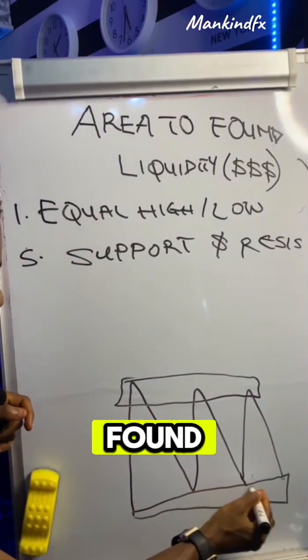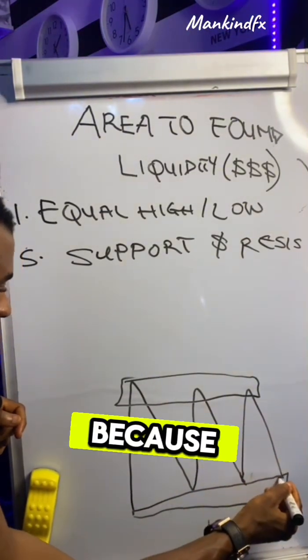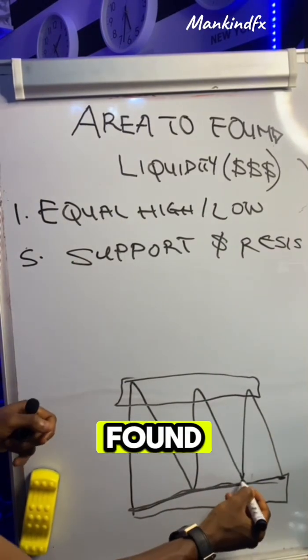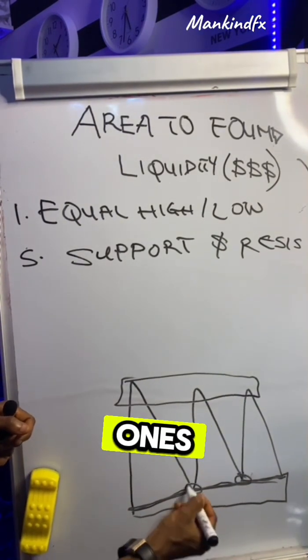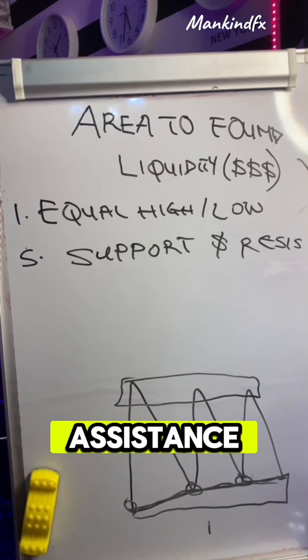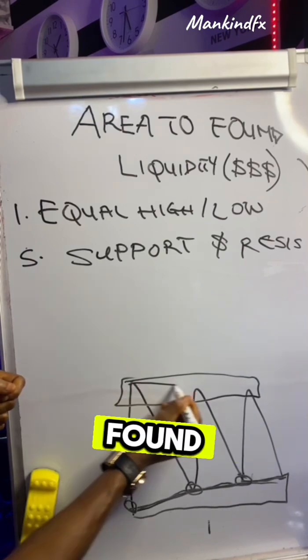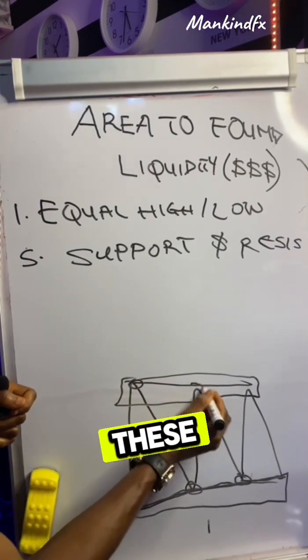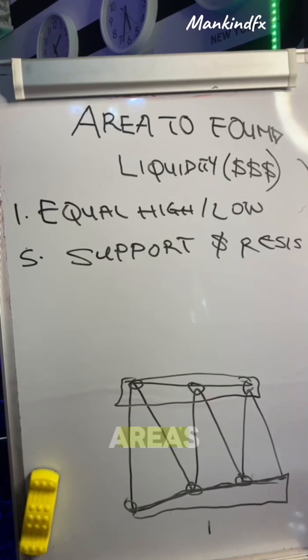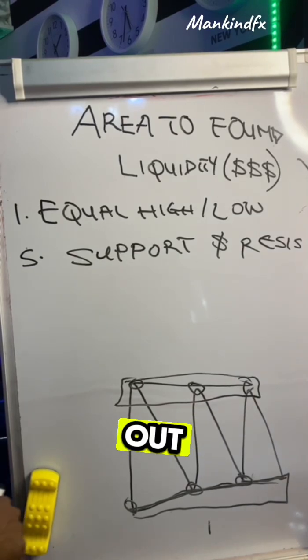Liquidity can be found in those zones because they are equal here. These zones are your areas of liquidity, and the same scenario goes for your resistance zone. Liquidity can be found here. So these are the areas where you can find liquidity.